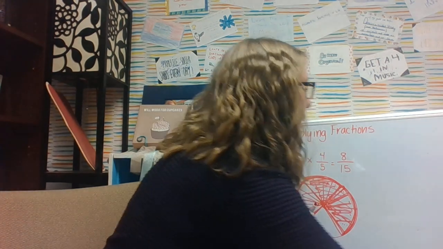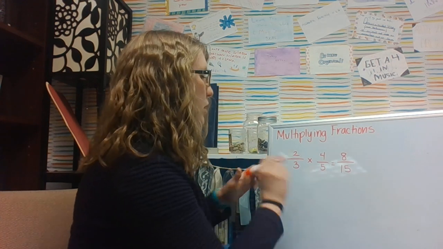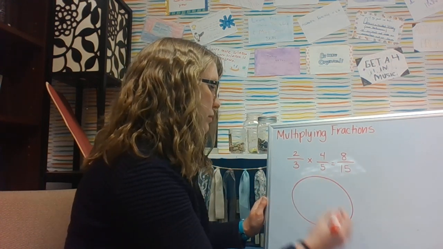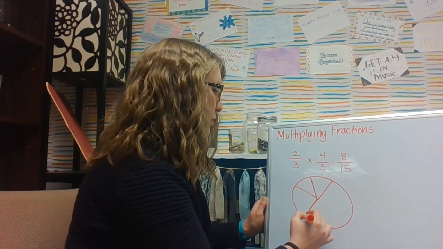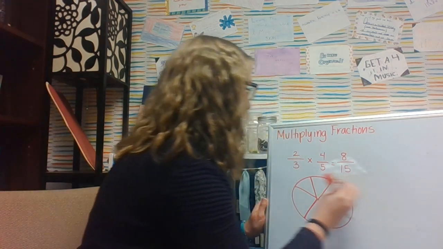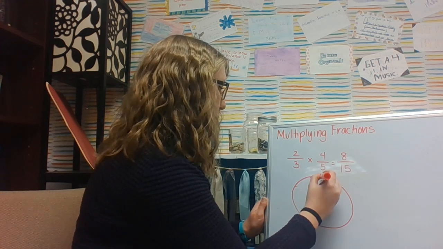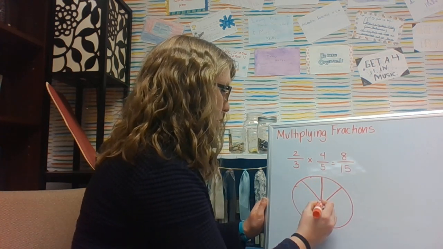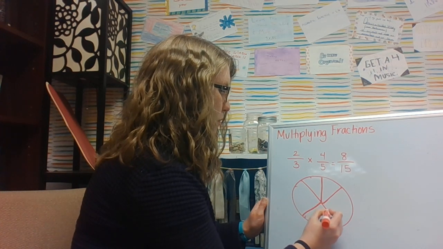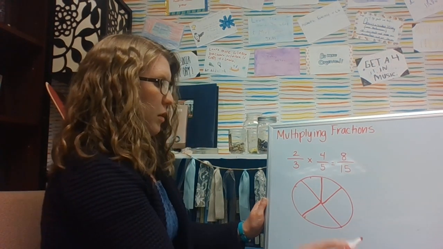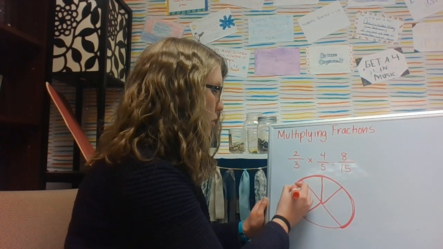Or I could look at it a slightly different way and think about 2/3 of each of those 4/5 pieces. So if I had this, let me try to make my fifths a little bit more equal. Still not perfect, but my 4/5 is this whole section, right?